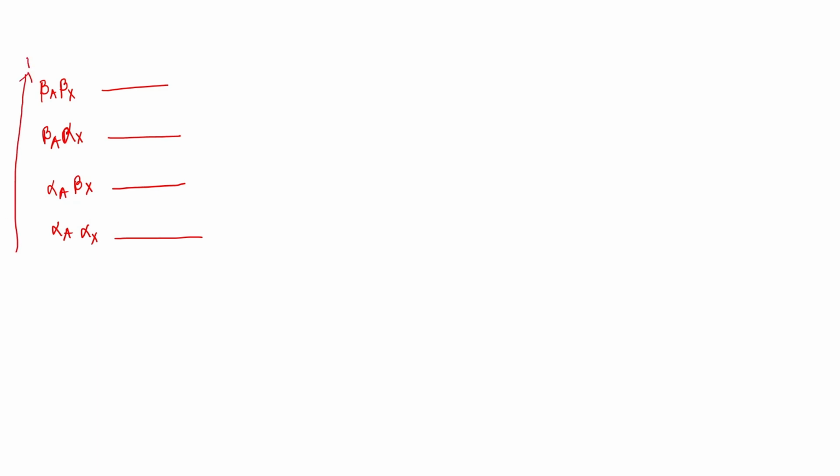This is for psi 4, that is beta A, beta X. Energy for this is beta A alpha X, third, then alpha A beta X, the second, alpha A alpha X is this. So this is how the energy is going upward now, right?